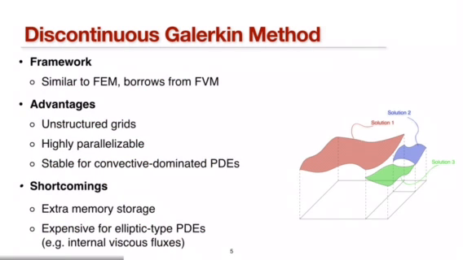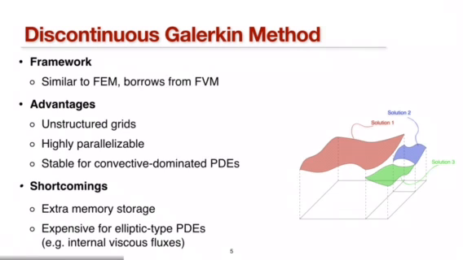Now let's talk a bit about the discontinuous Galerkin method first. So, what is it? It's a spatial discretization method that, briefly speaking, is similar to the finite element framework, yet borrows certain enticing properties from the finite volume literature. Some of its advantages are, much like both its counterparts, it can handle complex and unstructured grids.